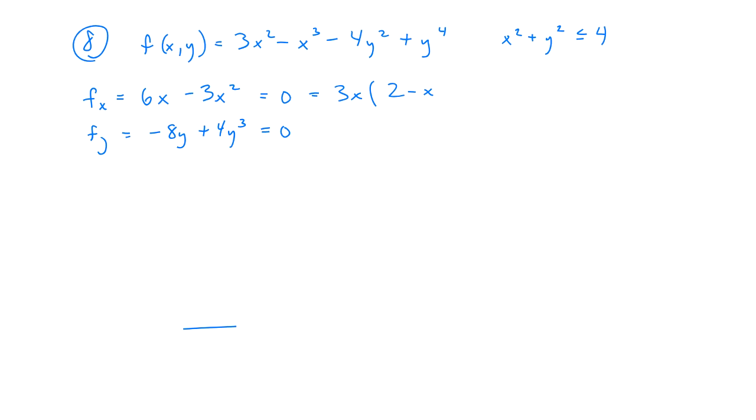For example, the first one simplifies, I can pull out 3x, and so I get x is equal to 0 or 2.